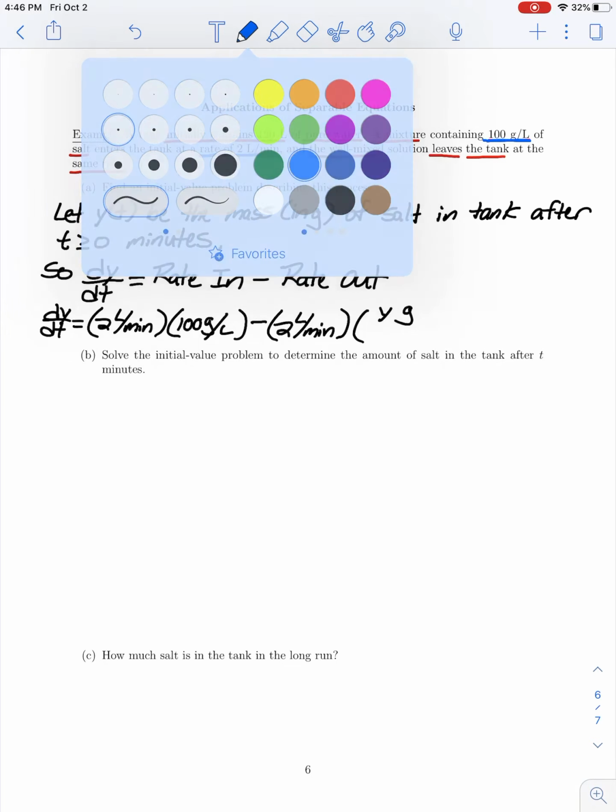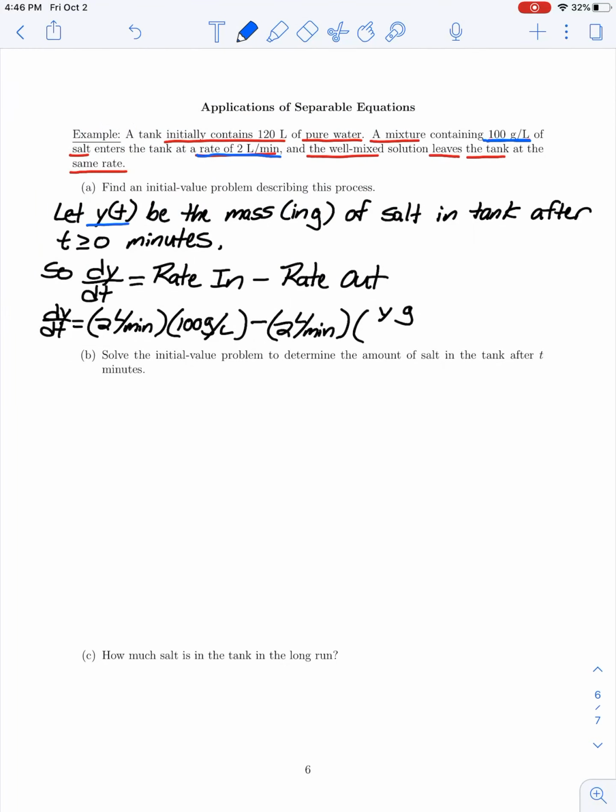Recall that y of t was the mass of salt in our tank at any given time. So we have y grams, and we were told that this solution is kept well mixed. So those y grams of salt are divided equally among the 120 liters of fluid which are in the tank.